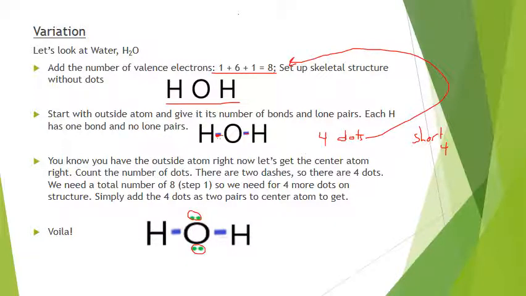All right, and you can see we're done, and if you notice, it's the same structure as we had from doing our dot method. The cool thing about this is that you don't even worry about the center atom, because it turns out oxygen will have 2 bonds, 2 lone pairs, and voila, it does using this method.